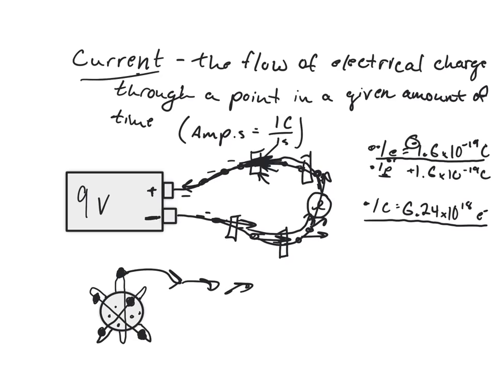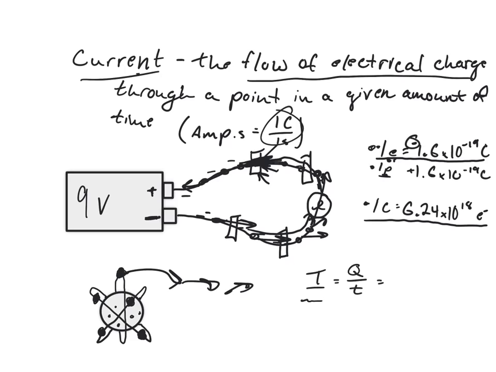Bringing this back to our original definition of current, 1 coulomb per second, or the amount of charge flowing through a point in a given amount of time. So our variable for current is I, which we can define as the total charge flowing in a given amount of time.